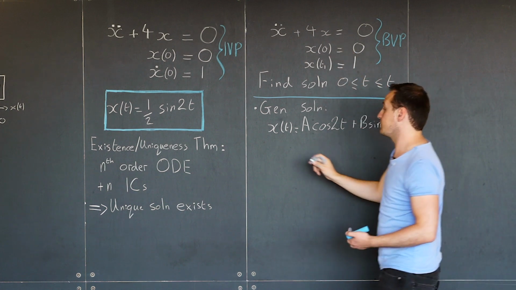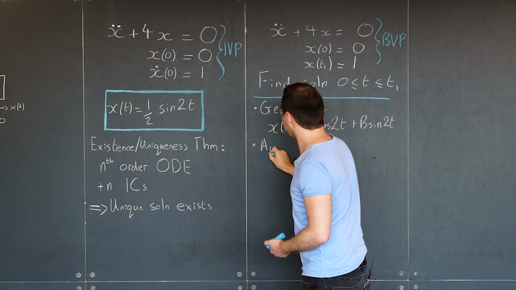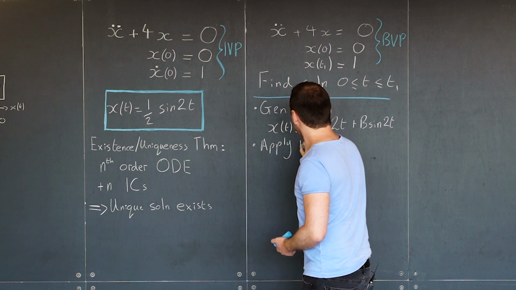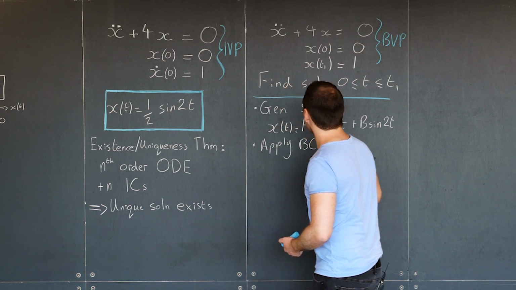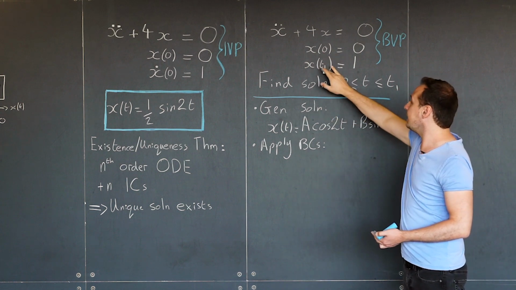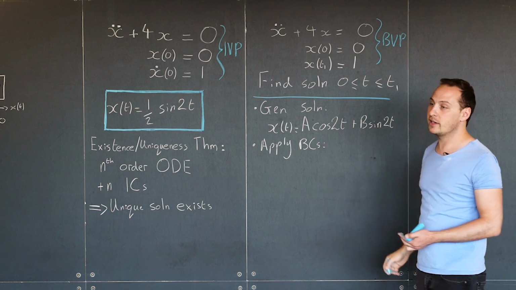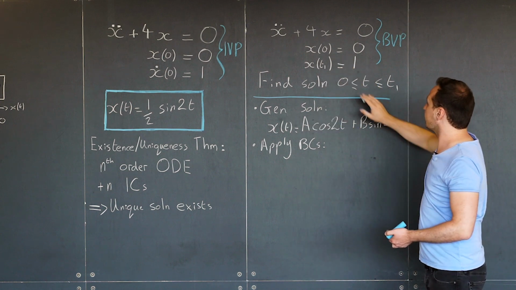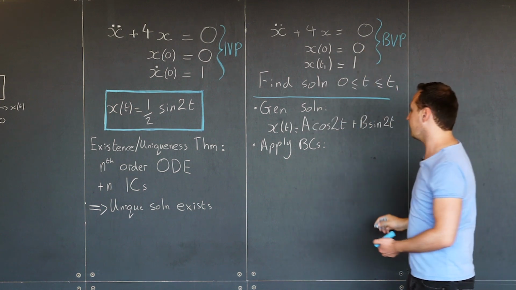So let's now apply those boundary conditions. That is, let's substitute the values t equals 0 and t equals t1 into our general solution, and then equate the general solution to each of these boundary values.